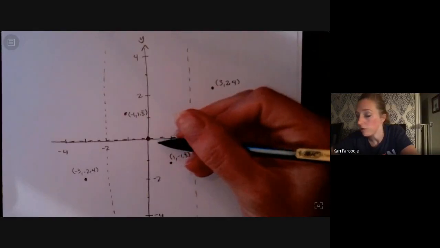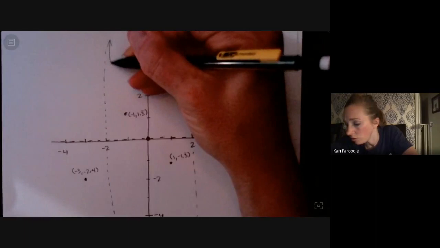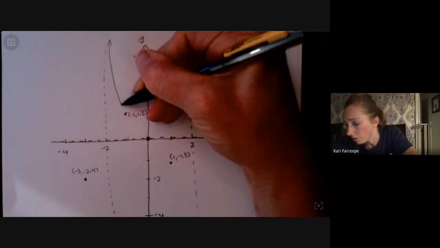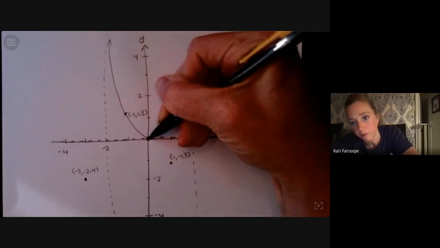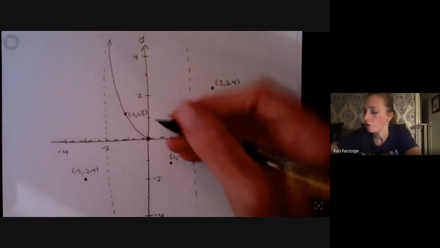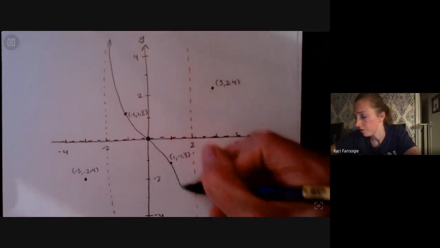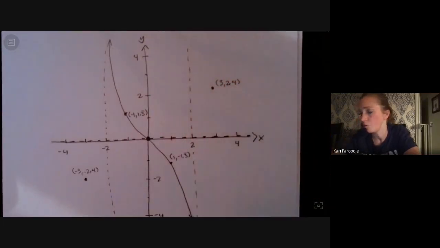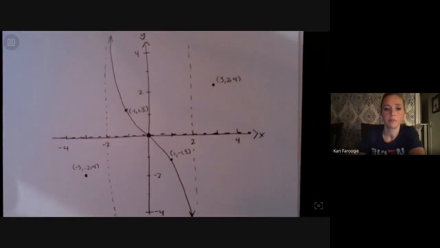And no matter what, we have to be approaching the vertical asymptote. So we're going to show this decreasing concave up cup, and then we're going to get this little flip where the concavity changes from concave up to concave down. We're going to go through that nice point we found, and we're going to approach the vertical asymptote. So that's the middle segment of the graph.